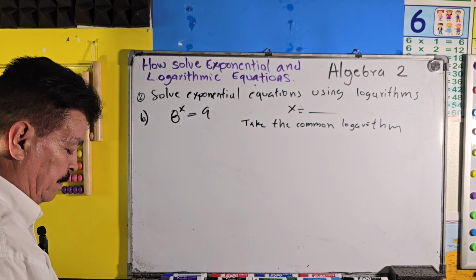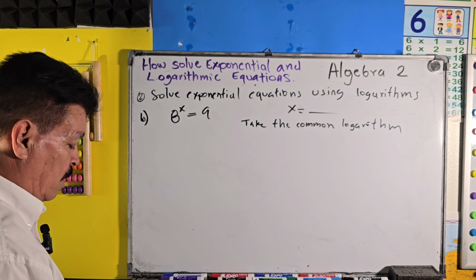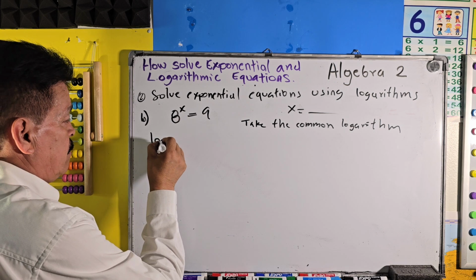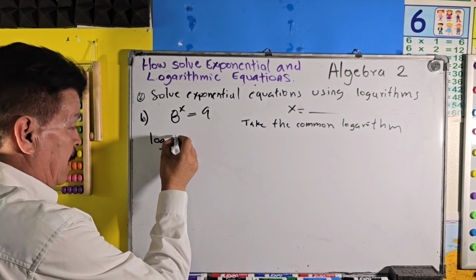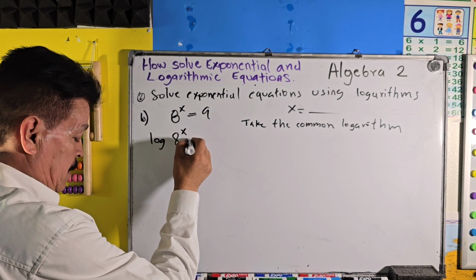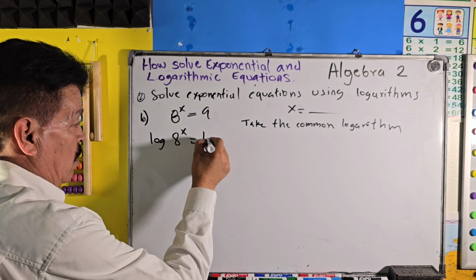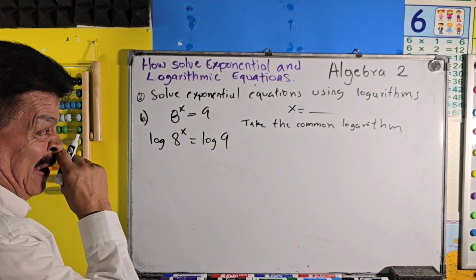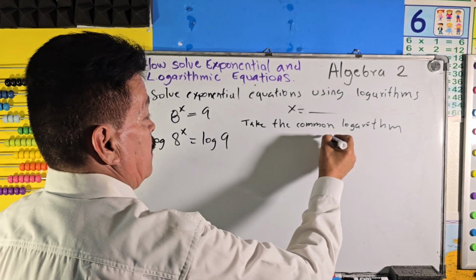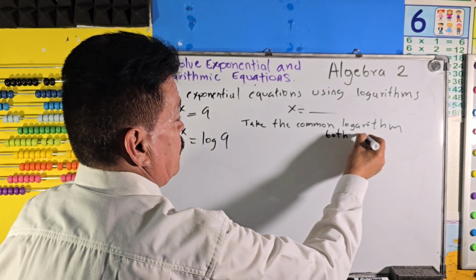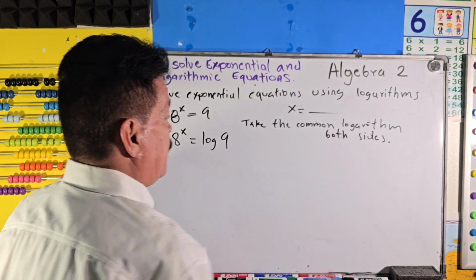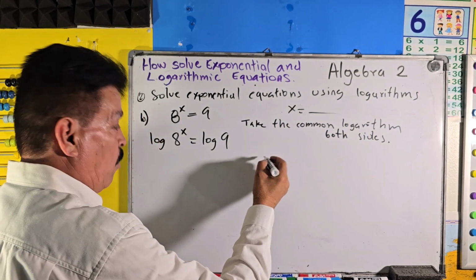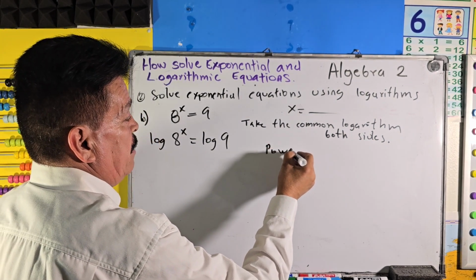Common logarithm: we have log of a to the x power, log of 9, the common logarithm on both sides. Now we have to use the power property.